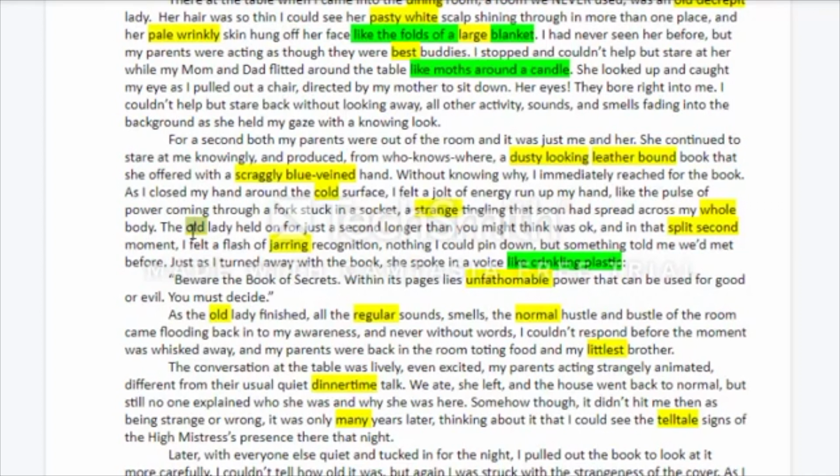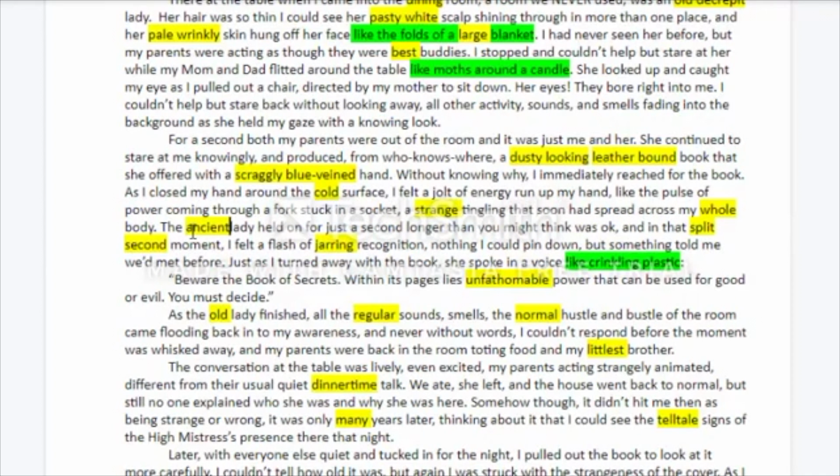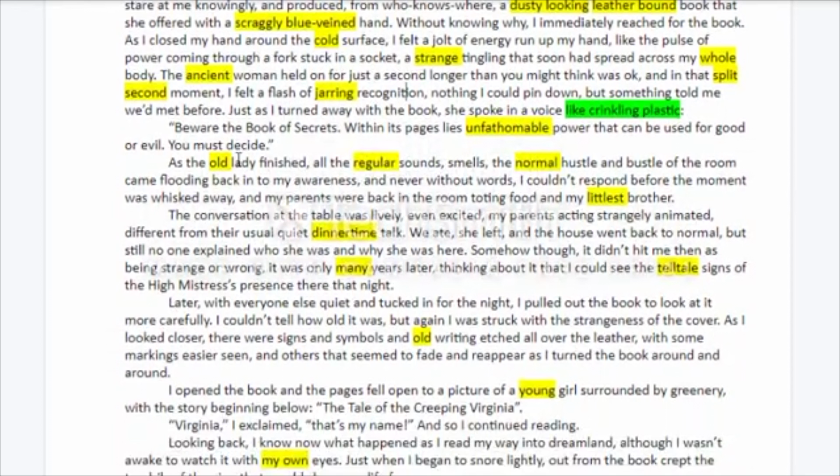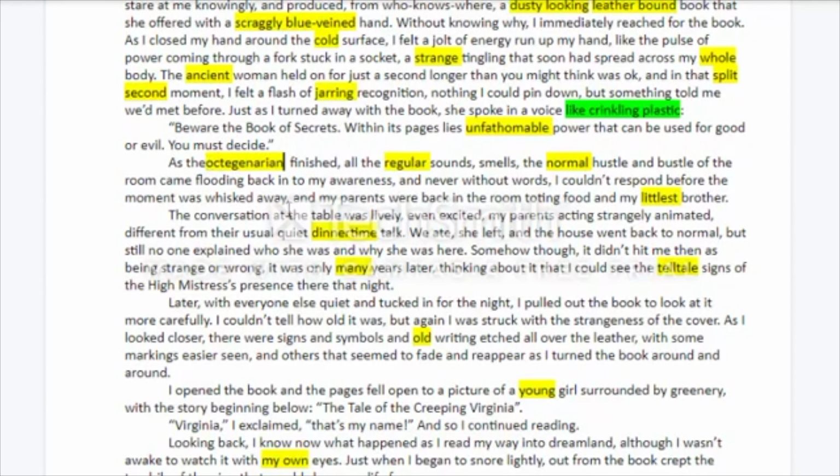I might change this one here. I'm going to make it an ancient woman. And maybe I would also change this one here. I'm going to change that to octogenarian, which means somebody over 80. That's changed some of my adjectives.